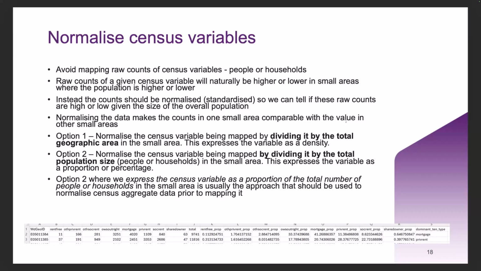And so there are different ways of doing normalization. We can divide by the actual size of the area itself, which would express the value as a population density, so people per hectare or kilometre squared. Or we can divide by the total population size, which would then express that as a percentage.